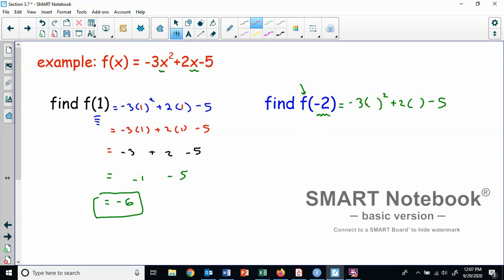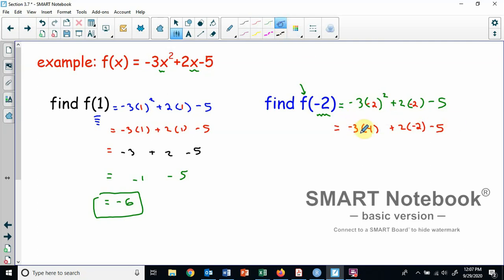So let's plop that negative 2 in there and be very careful with all of our work, our arithmetic. Okay, so I'm going to do the exponent first. Negative 2 squared is positive 4. Notice the squared only affected the negative inside the parentheses. That's why I carefully put parentheses. This is positive 4. It's not going to change this sign at all.